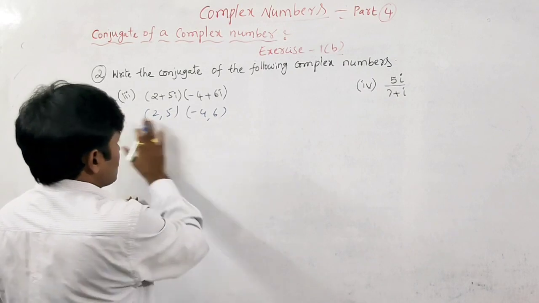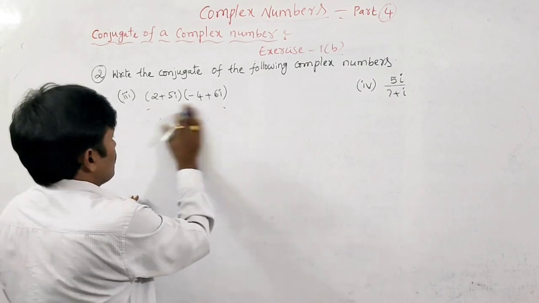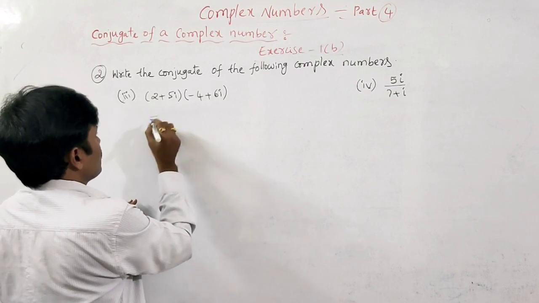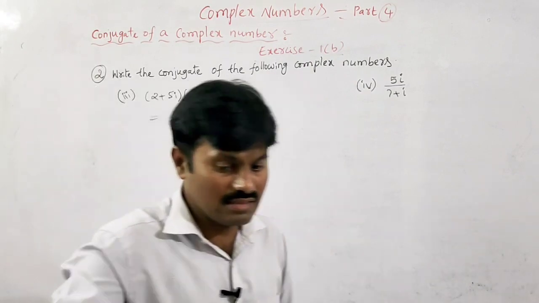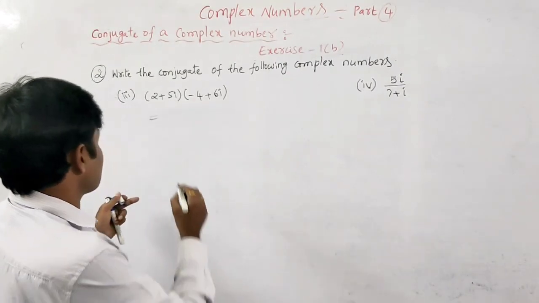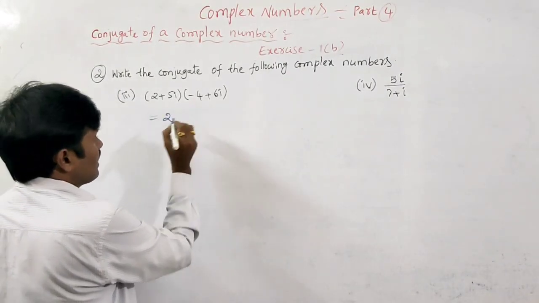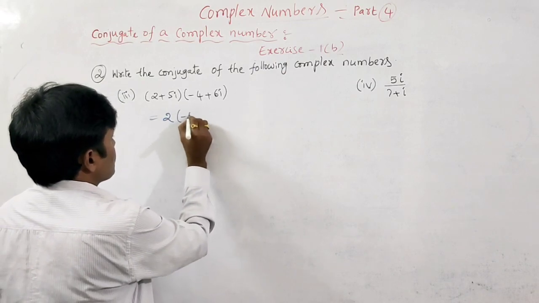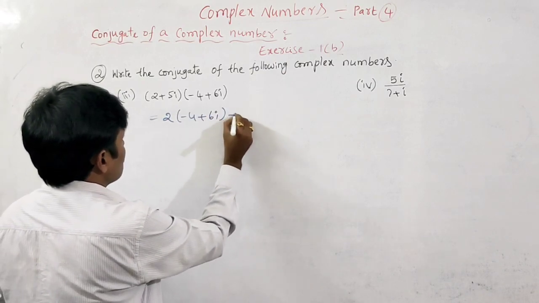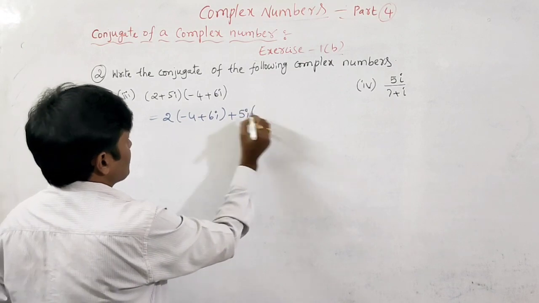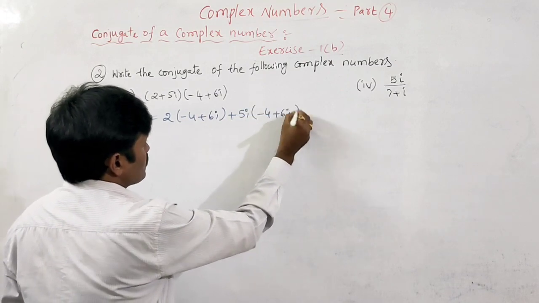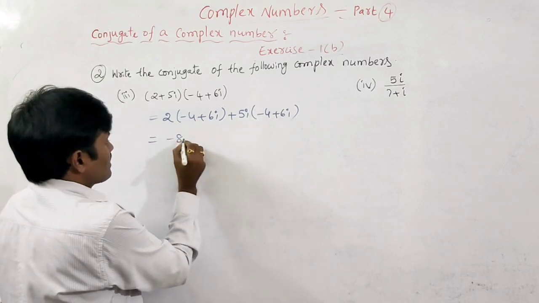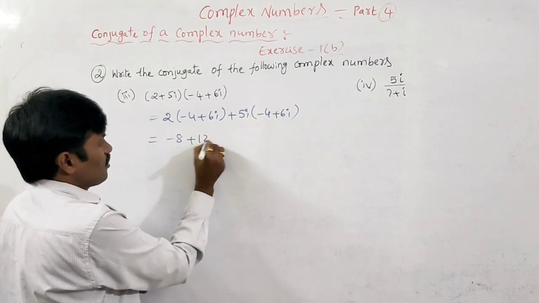So instead of writing in ordered pairs, now apply the distributive property and multiply. First, 2 plus 5i into minus 4 plus 6i. First simplify it, later on we write its conjugate value. So 2 into minus 4 plus 6i, plus 5i into minus 4 plus 6i. 2 into minus 4 is minus 8, plus 2 sixes are 12i.